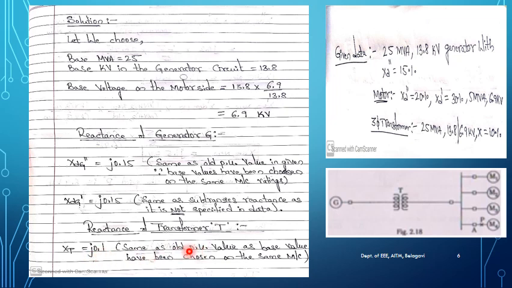We are going to consider it as the per unit value, because we have chosen the base values on the same machine, since they are all connected together. So the reactance of the transformer will remain the same as its per unit value.